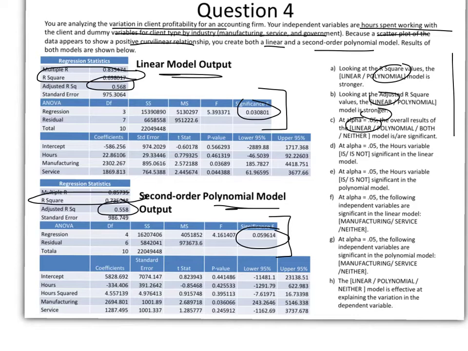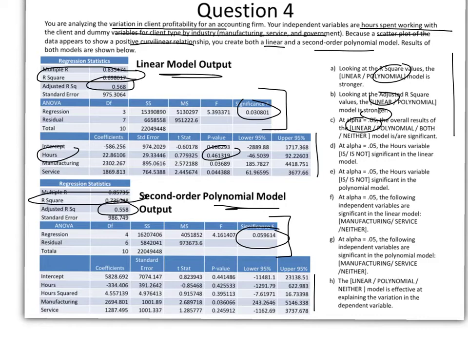Now looking at part D, we are looking at the variables in the model. At 0.05, is the hours variable significant in the linear model? Hours variable right here. Look at the probability of that result.